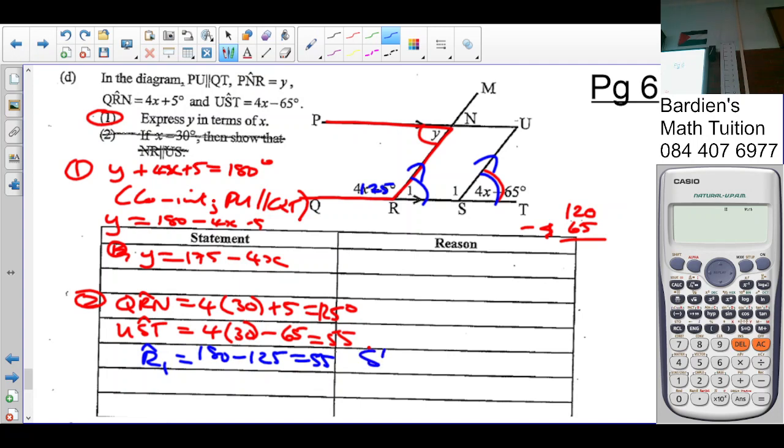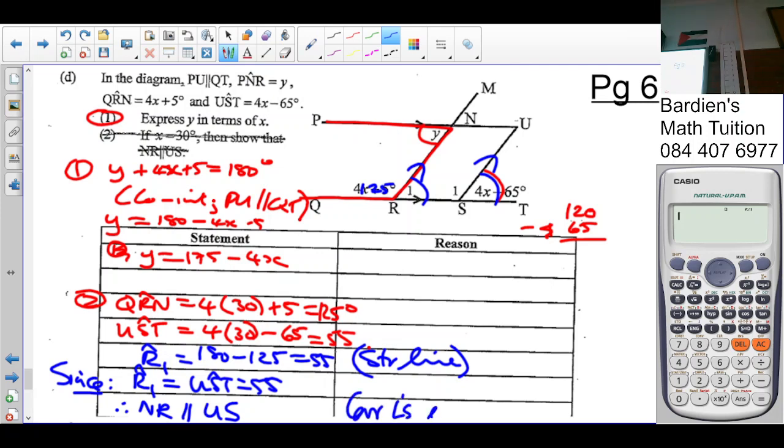Reason: angles on a straight line. So we state the obvious: since R1 is equal to UST, which is equal to 55, therefore NR is parallel to US. Why? Because the corresponding angles are equal.